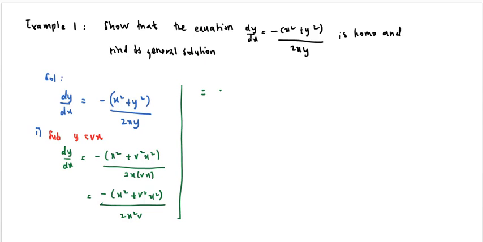So kita akan dapat negative x square, 1 plus v square over x square 2v. So we can eliminate the x square dekat sini. Okay, cancel, so you will get negative 1 plus v square over 2v.